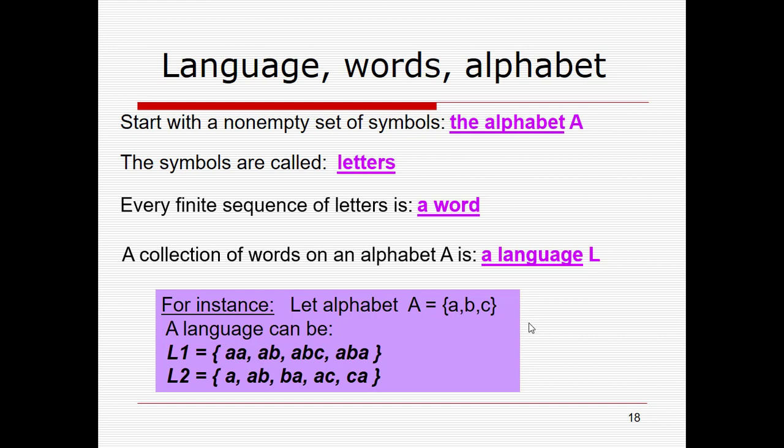So if we look at L1, then the words aa, ab, abc, and aba are allowed words in that language. And so you can make an infinite amount of languages containing words built with the help of the letters of an alphabet.